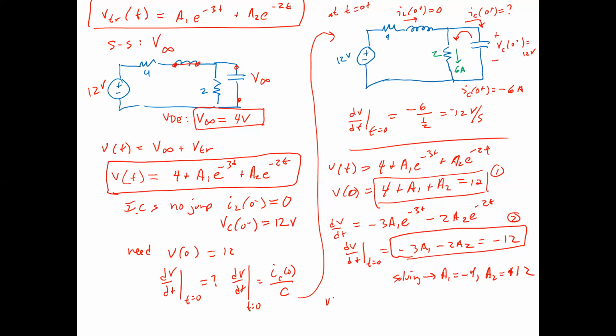So v of t is going to equal 4 plus, I guess 4 minus 4, 8, e to the minus 3t, and then plus 12 e to the minus 2t.